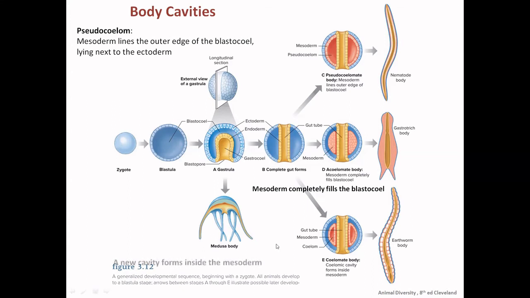And when the mesoderm forms a cavity within, and lines both the gut wall as well as the inner side of the ectoderm, this is called a true coelom, or the coelomate body. So based on how the mesoderm is lining itself, the body can be pseudocoelomate, acoelomate, or truly coelomate.